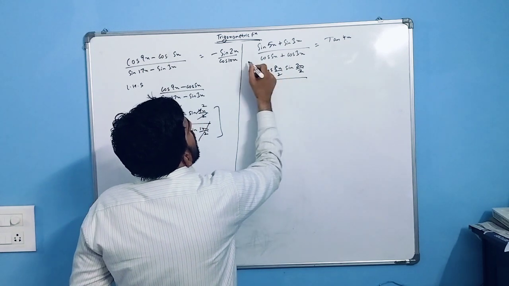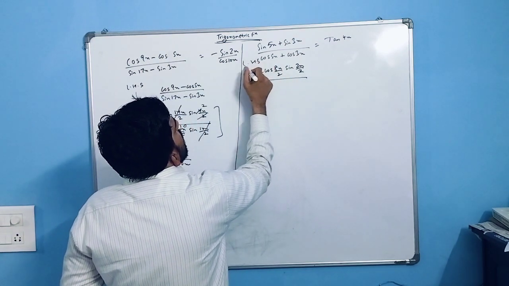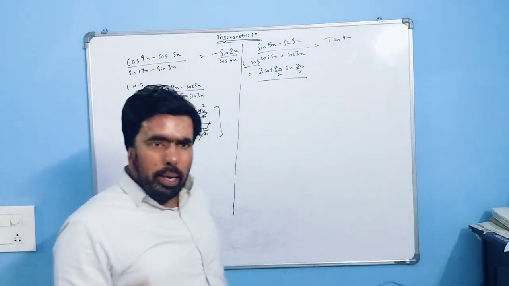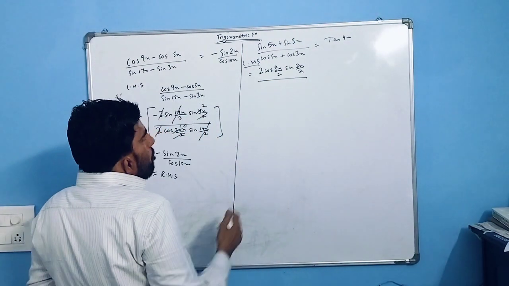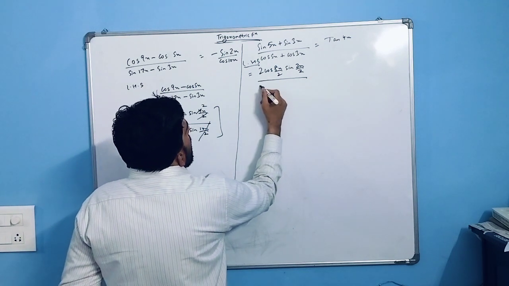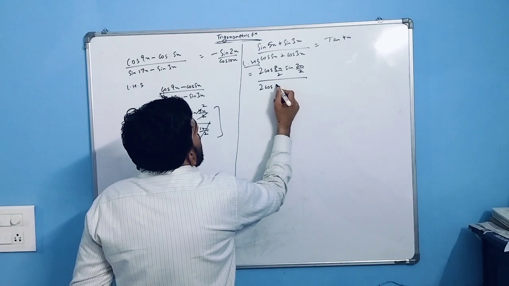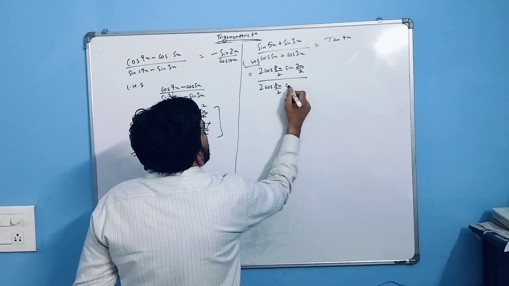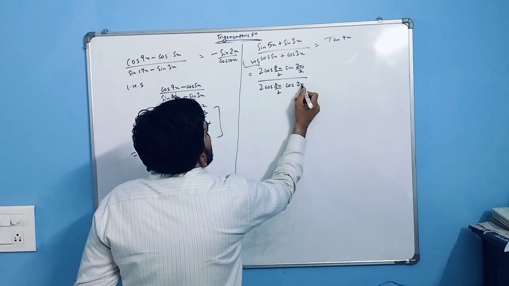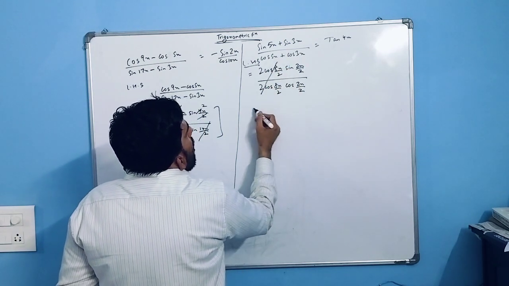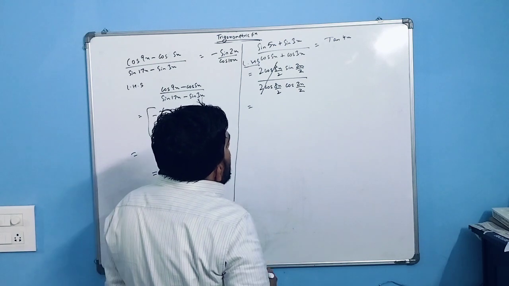Here also we need to prove LHS is equal to RHS. And cos x plus cos y will be 2 cos of (x plus y) by 2 and cos of (x minus y) by 2. So here we can reduce directly.